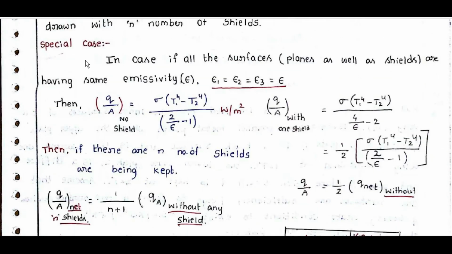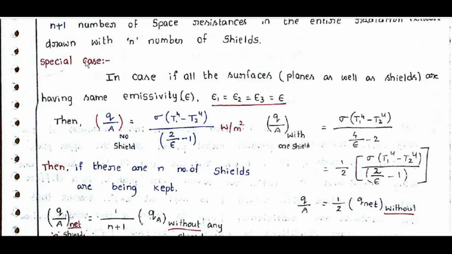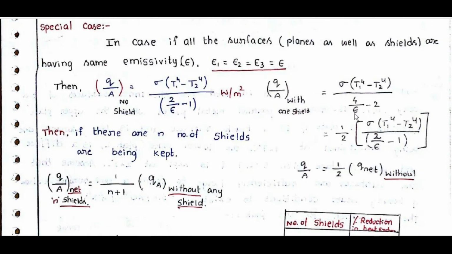Special case: if all surfaces, planes as well as shields, have the same emissivity, epsilon 1 is equal to epsilon 2 is equal to epsilon 3 is equal to epsilon, then Q by A with no shield is equal to sigma into (T1 power 4 minus T2 power 4) by (2 by epsilon minus 1) watt per meter square. Q by A with one shield is equal to sigma into (T1 power 4 minus T2 power 4) by (4 by epsilon minus 2).